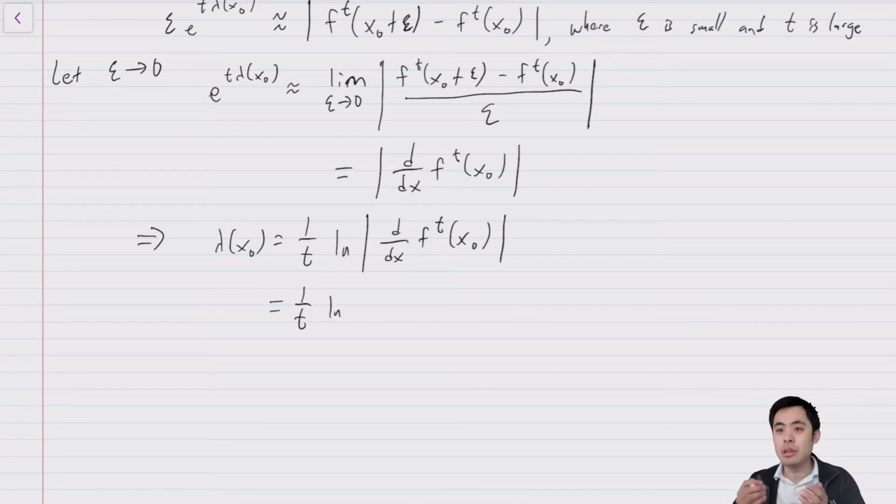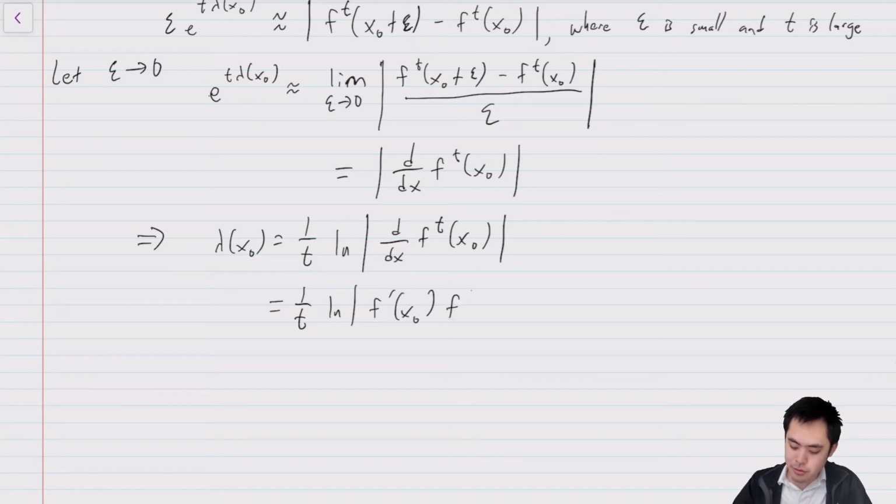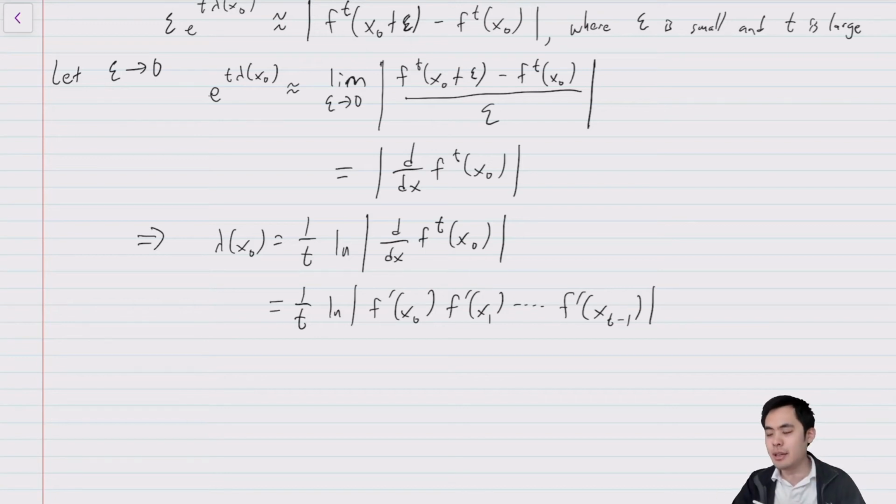Well, if you apply the derivative, as we saw last time when we were talking about using the first derivative test with respect to repeated function composition, this is just equal to the natural logarithm of f prime of x naught times f prime of x1 times all the way through f prime of x t minus 1. And so we saw this when we were looking at the m cycles and trying to apply the first derivative test to one of them.